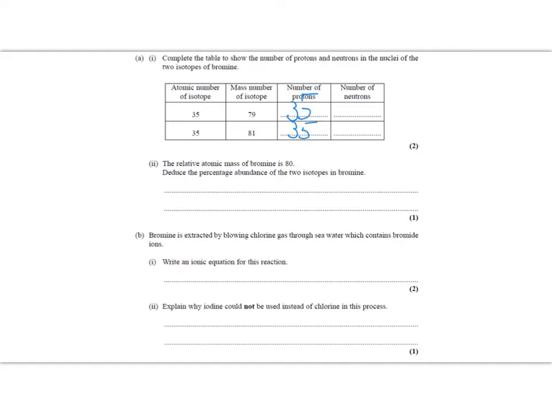The number of neutrons of a substance is the mass number take away the protons, so the mass number is protons plus neutrons. So here we've got number of neutrons 44. 44 plus 35 gives 79, and here we've got 46 plus 35 gives 81.